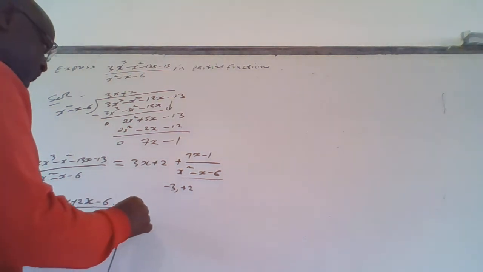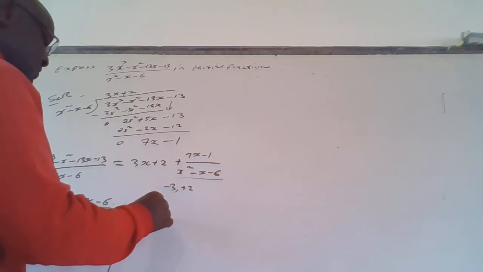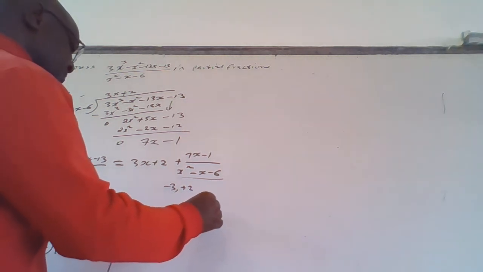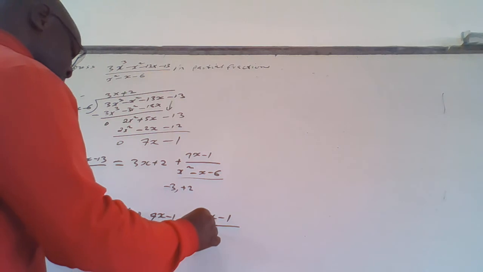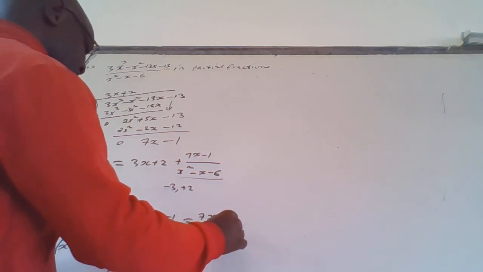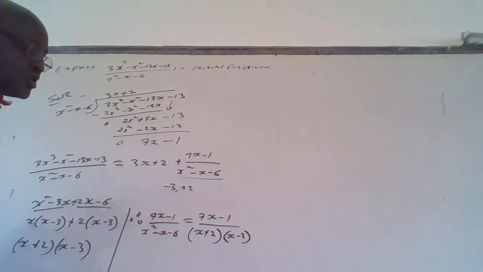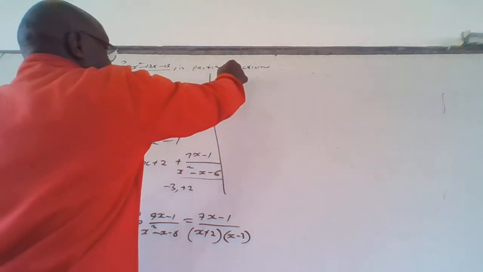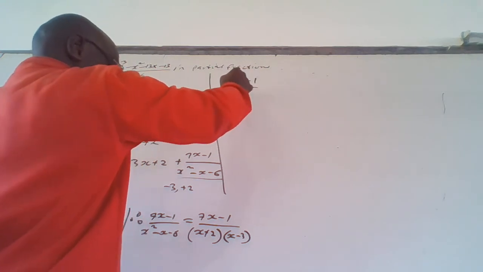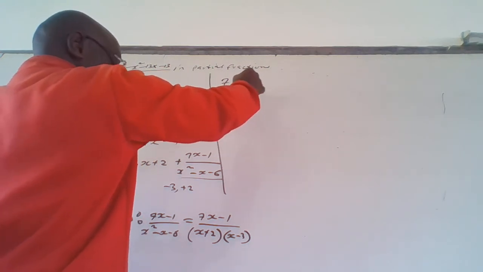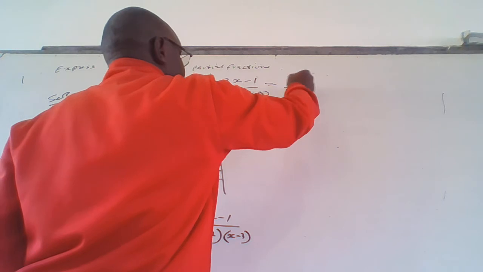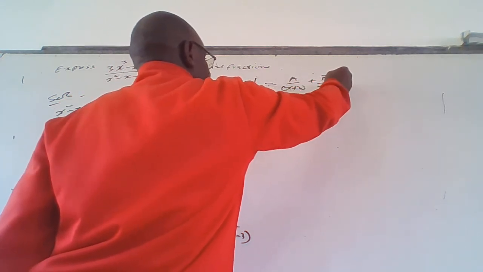Therefore, (7x minus 1) all over (x squared minus x minus 6) is the same as (7x minus 1) over (x plus 2)(x minus 3). Every linear factor in the denominator will give rise to a single partial fraction. Therefore, we shall say (7x minus 1) over (x plus 2)(x minus 3) is equal to A over x plus 2 plus B over x minus 3.